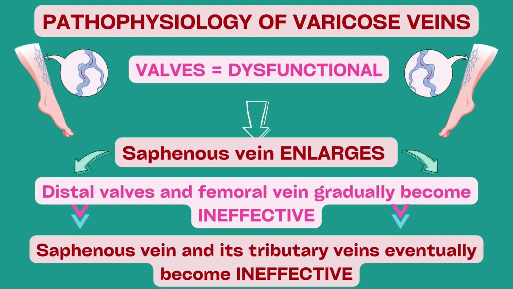When this valve is dysfunctional, the saphenous vein enlarges and the distal valves and femoral vein gradually become ineffective. What happens then? The saphenous vein and its tributary veins eventually become ineffective as a result of the dilated vein. Since the superficial veins are closer to the skin, the incompetent veins are typically more evident in the calf area. This is the reason why many patients seek therapy when their calf veins are noticeable.